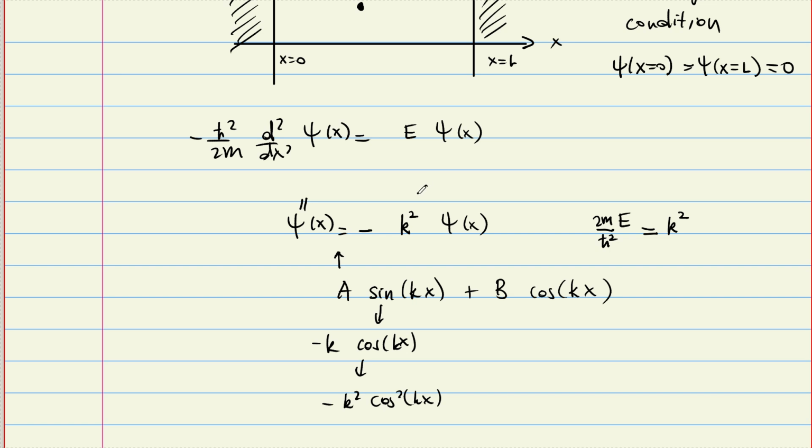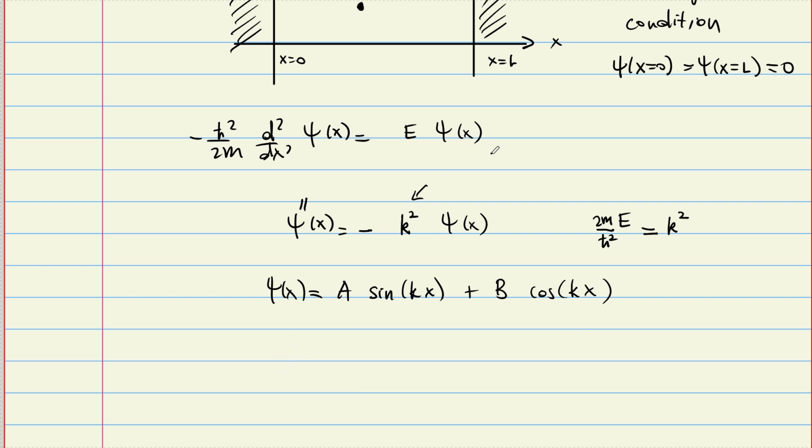So this satisfies exactly the equation I'm looking for. And I can do exactly the same thing with cosine: the derivative is minus sine, and the derivative of minus sine is minus cosine, exactly the same equation. And if sine and cosine satisfy my equation, from linearity, a sine plus b cosine is also a solution. I'm writing the most general solution. So then my most general solution is this.